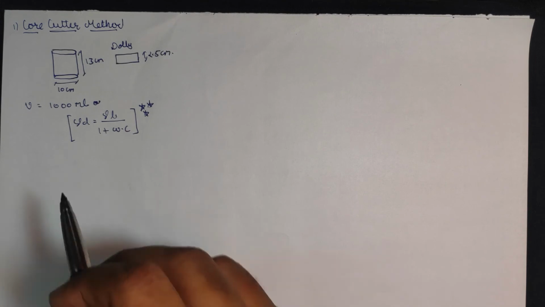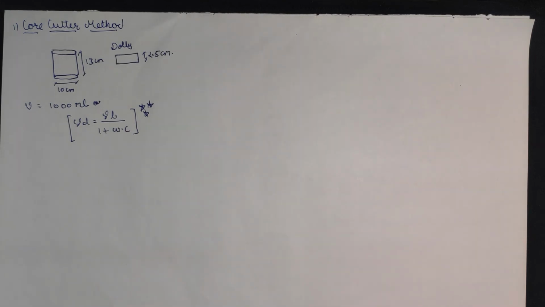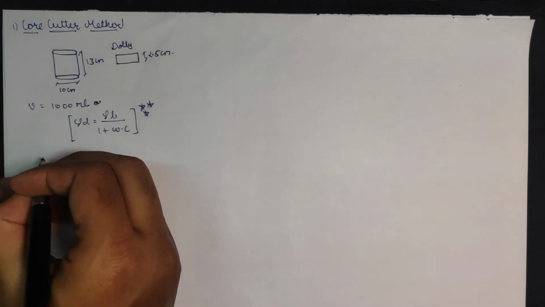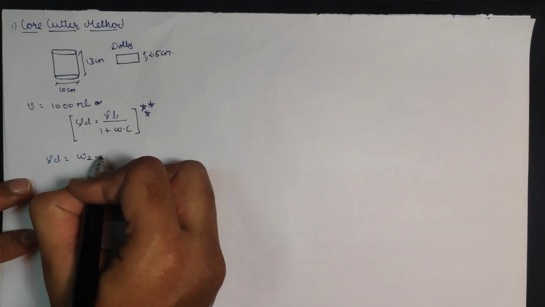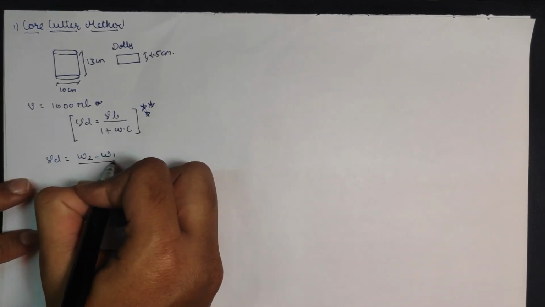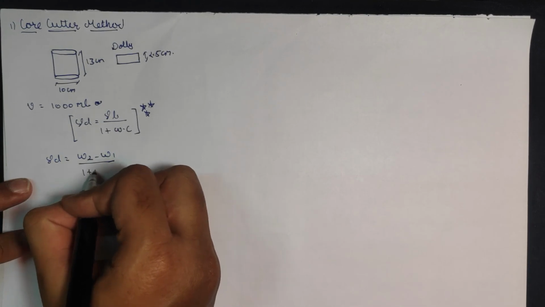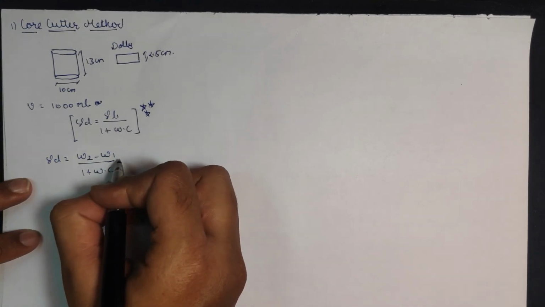But this is the basic formula which we used in the core cutter method, and the specific formula which came from this formula only, to calculate the dry density, is gamma D is equals to W2 minus W1 upon 1 plus water content.